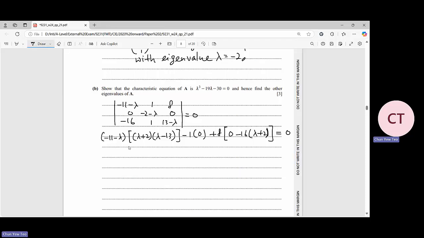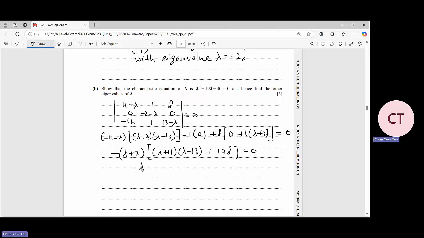I plan to factorize lambda plus 2 out, and the negative as well. Inside here, I will get lambda plus 11, lambda minus 13, then plus 8 multiplied by 16, which is 128, equal to 0.